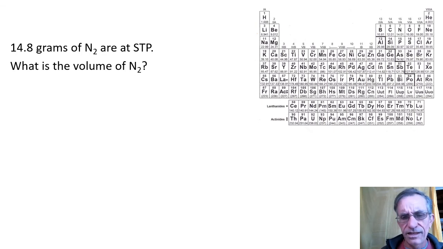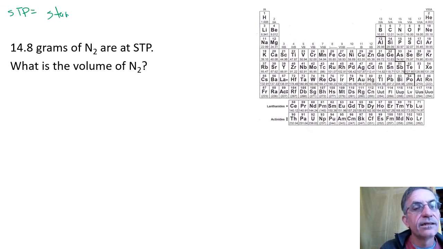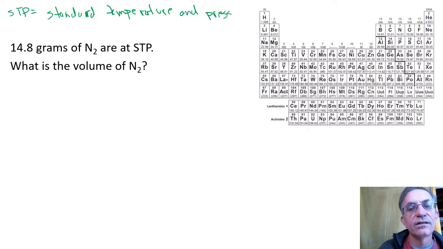First off, wait a minute. STP, never heard of that before. Well, let me tell you what that means. STP stands for standard temperature and pressure. It's kind of like saying normal temperature and pressure.